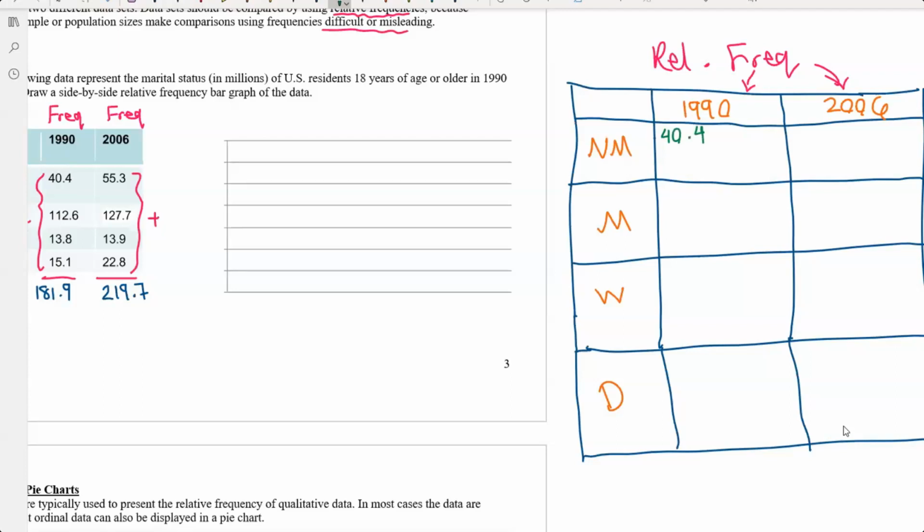40.4, because that frequency is 40.4, and divide by the sum, 181.9. For this one, I'm going to round to 3 decimal places because sometimes if we round to 1 or 2 decimal places, we may have exactly the same number.